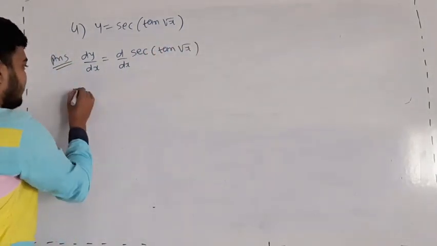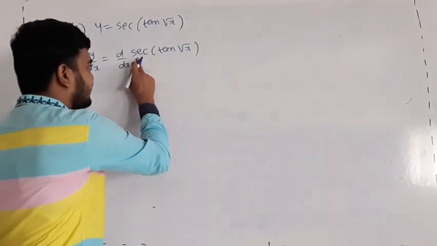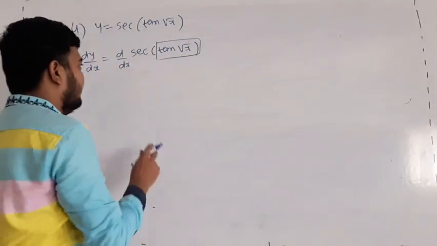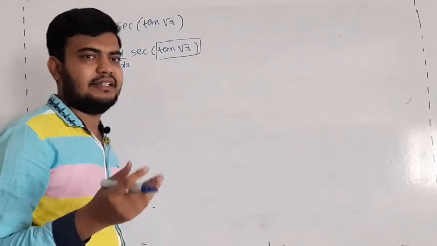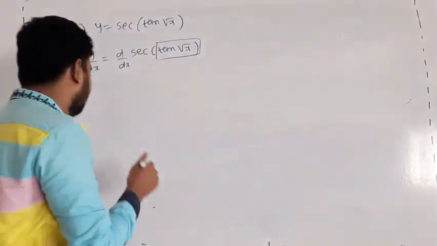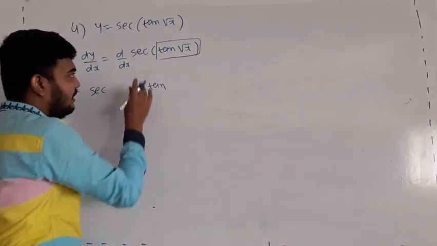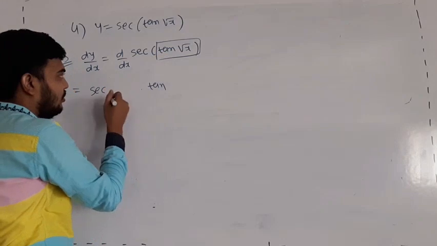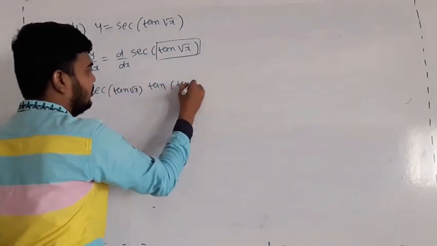Now the outermost function is sec and the angle of this sec is tan of root x. So we know that d by dx of sec x is equal to sec x into tan x. So sec into tan, but here the angle of this sec is tan root x, so the angle of this tan is also tan root x.